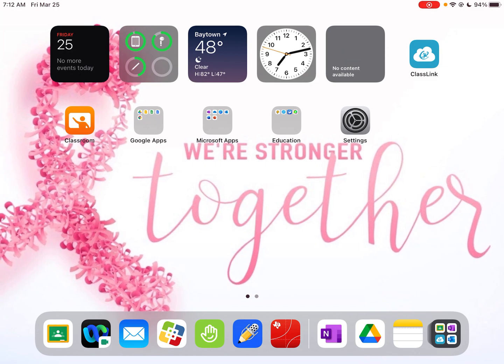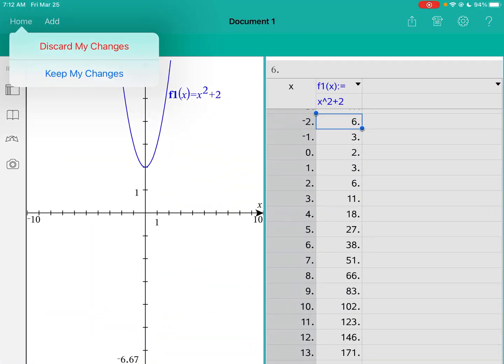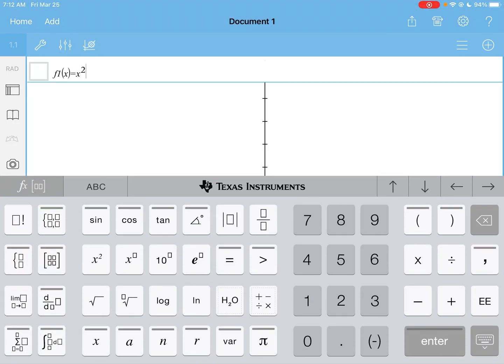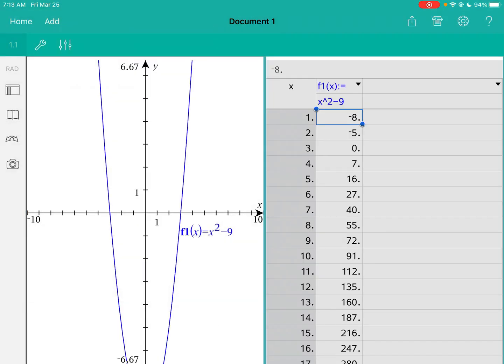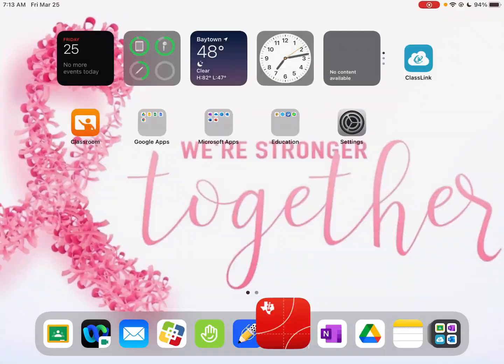So we're going to graph x squared minus 9. I'm going to go to my graph and start with a new graph. I'm going to graph x squared minus 9. Control T to get my table. Again, -2 to +2, so I have -5, -8, -9, -8, and -5.